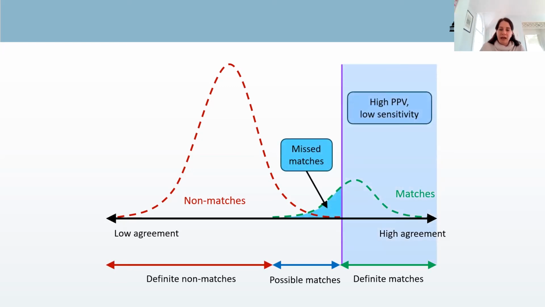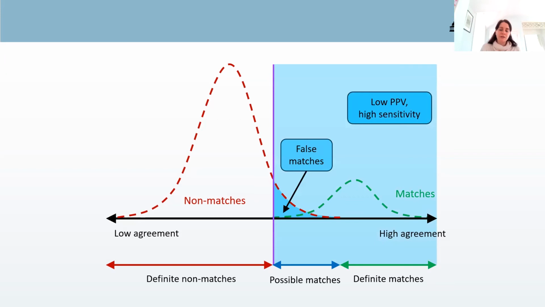If we choose a high threshold or a relatively high cutoff, then we have a higher positive predictive value. We can be sure that the records we've classified as links really are true links, but we trade this off against missing some of the matches. Whereas if we reduce the threshold, we have a higher sensitivity, we capture more of the true matches, but we trade this off against including some false matches.